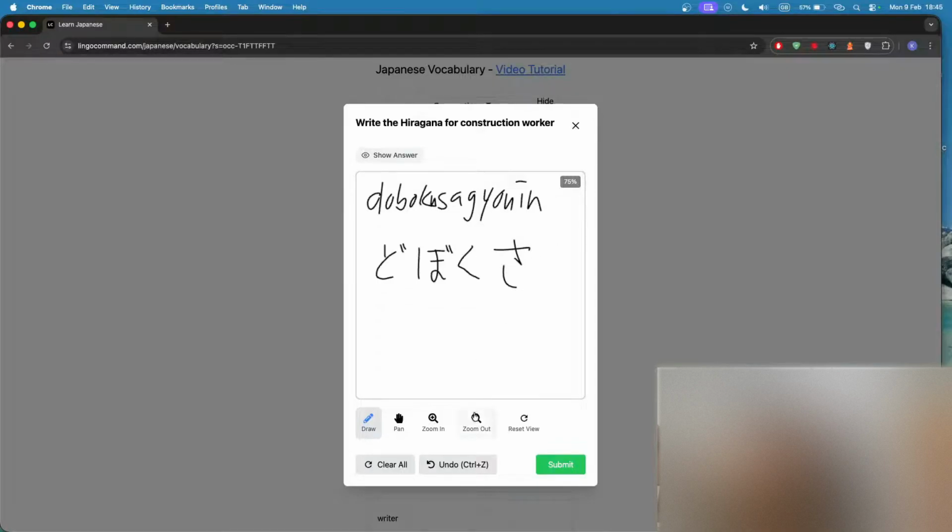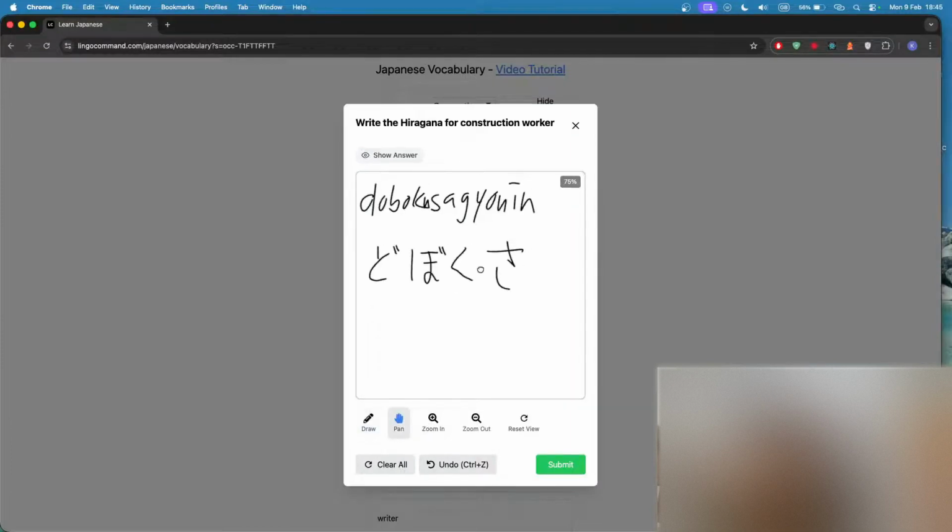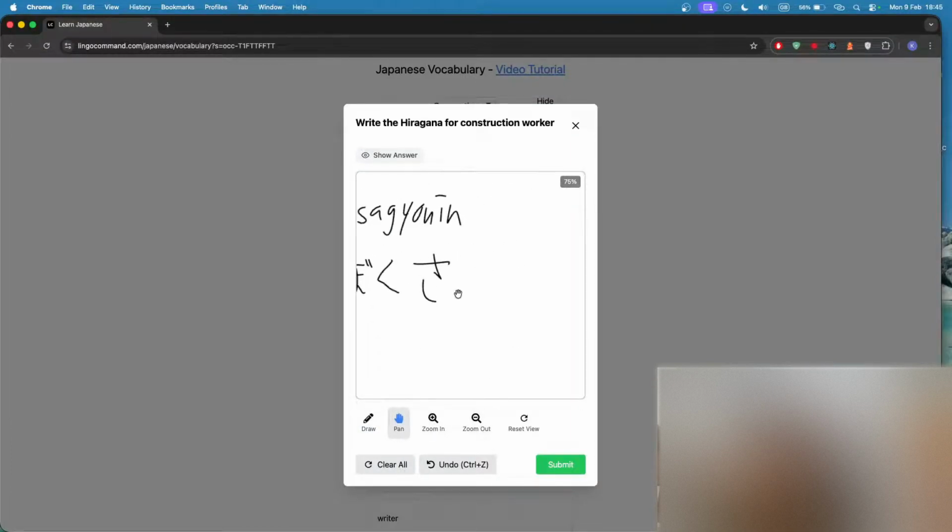So this is sa, and then we need gyo, so this is going to be a yoon combination. So actually, let's zoom in and pan to the right a little bit here. So we need gyo. So here we're just going to write ki, and then you apply dakuten, because K goes to G when you apply dakuten, right?